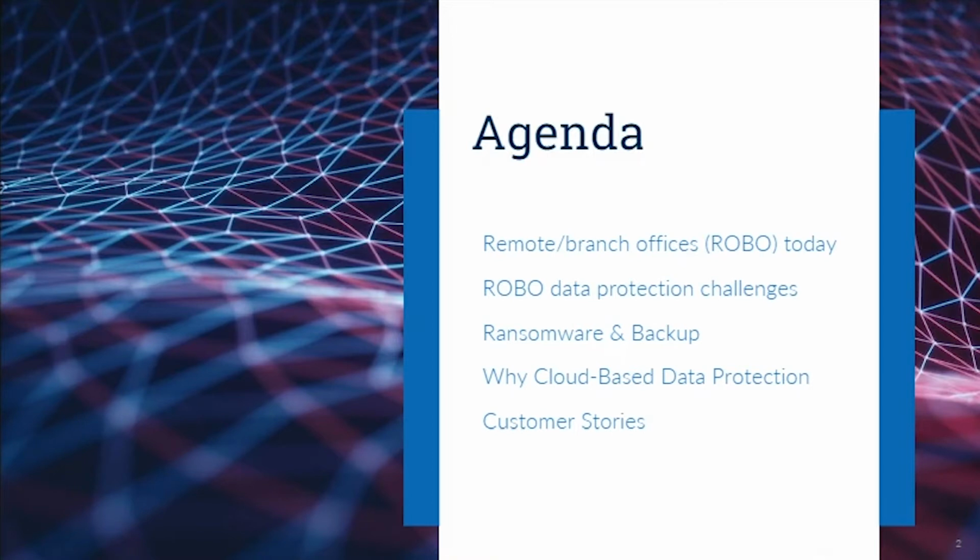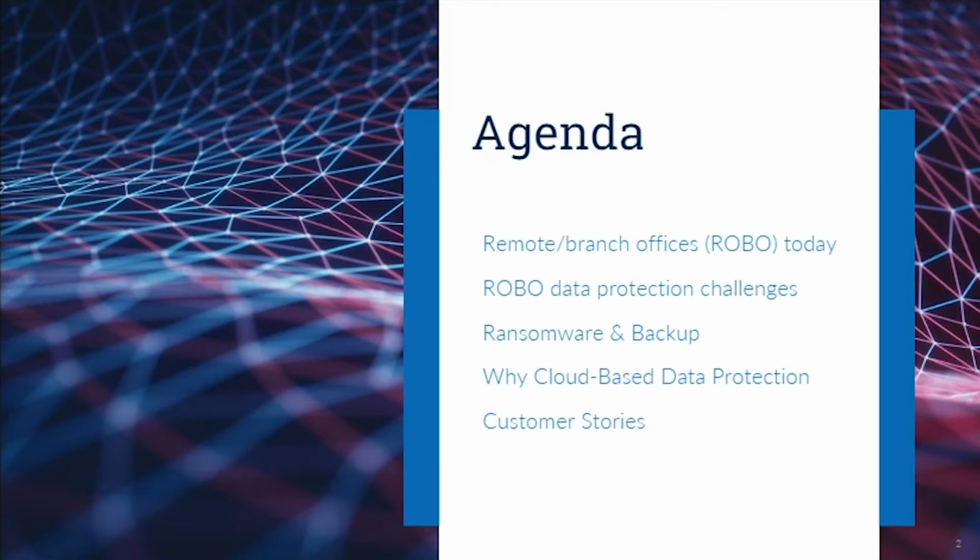So a little bit on the agenda here. I'm going to talk about remote and branch offices today. They've been around for a long time. I'm going to talk about the landscape of what customers typically look to protect, and some of the challenges that folks face there. How ransomware and backup, where they intersect, and then ways that you can protect against that.